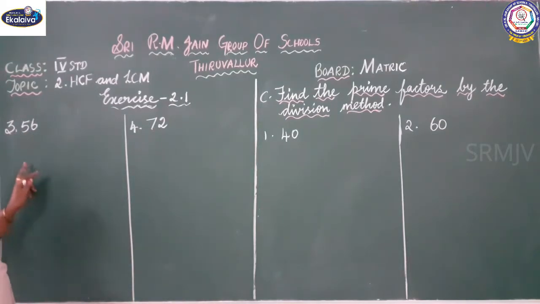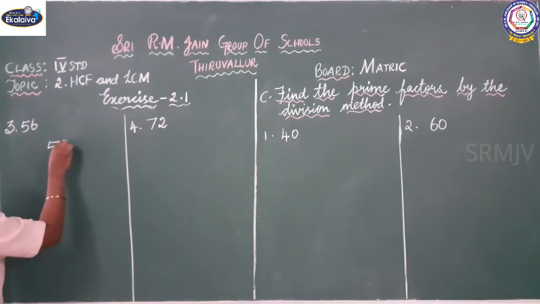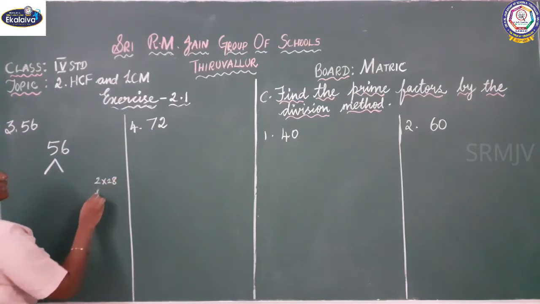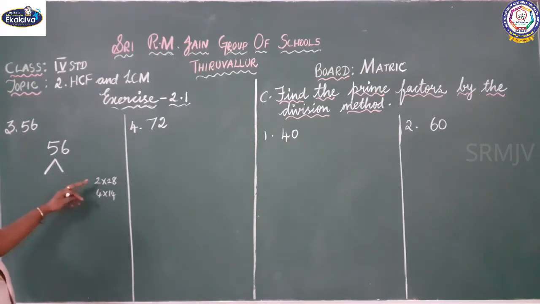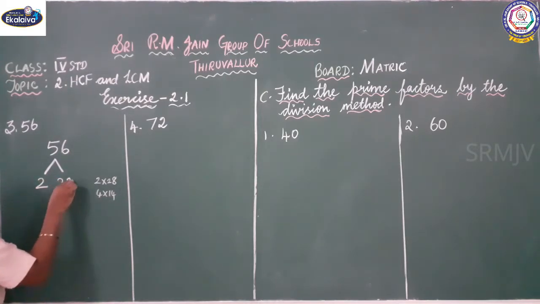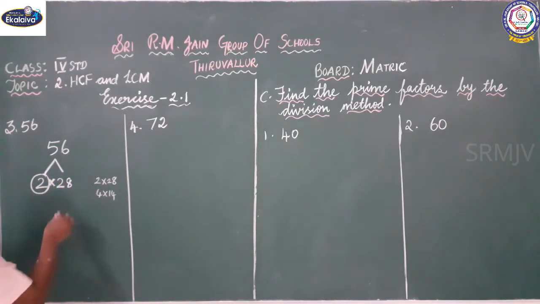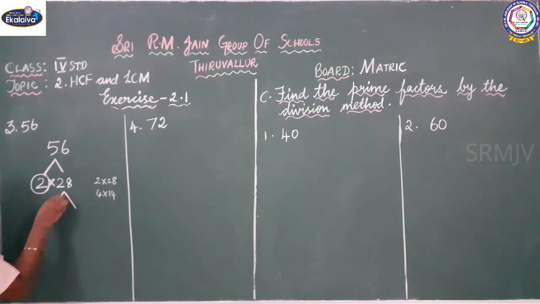Next one, we are going to find out the factor tree. So for 56, we'll take 2 28s are 56, then 4 14s are 56. If you want, you can take 2 into 28, otherwise 4 into 14 also. So we'll take 2 into 28. Listen, children, 2 is a prime number, so we circle it. Then 28 is a composite number, so we'll do it again.